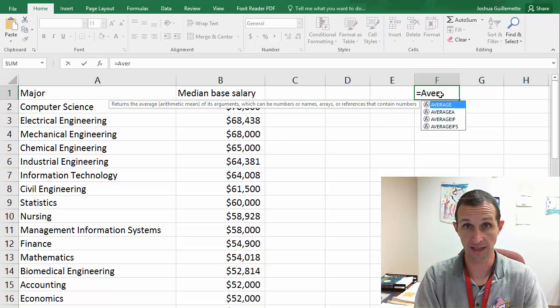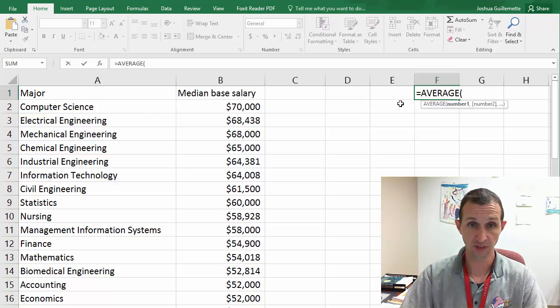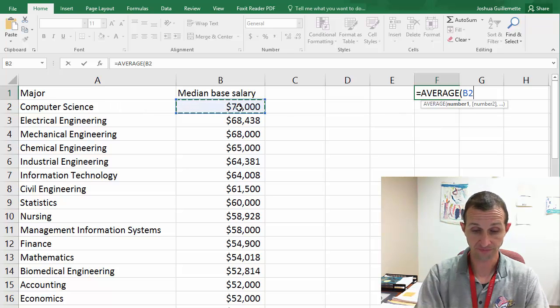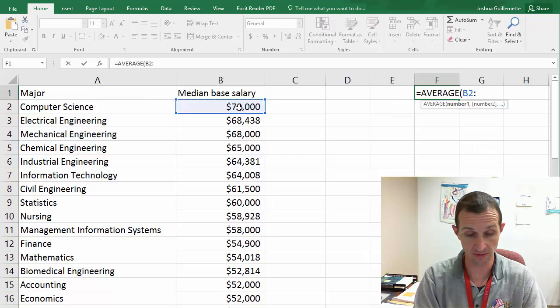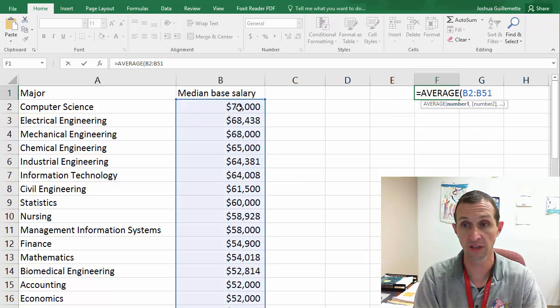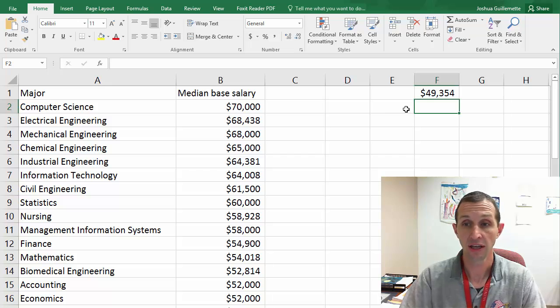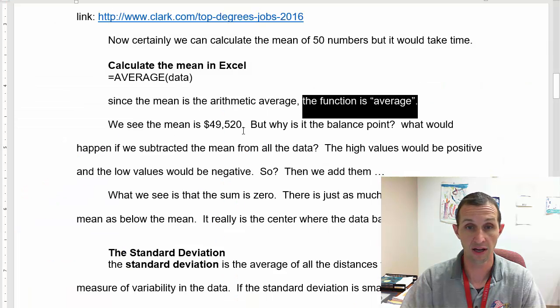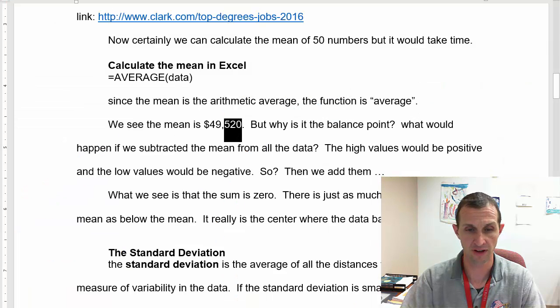Average starts to come up, so I hit tab. And now I want this data in here, and it goes all the way down to B51. And so I'm going to hit enter, and I see that it's $49,354, right?